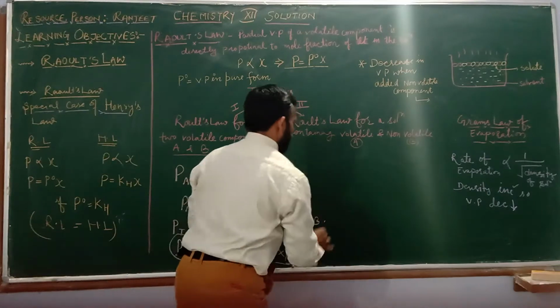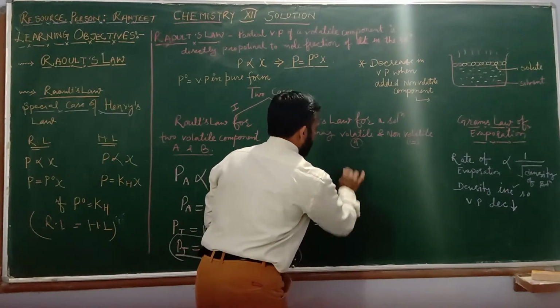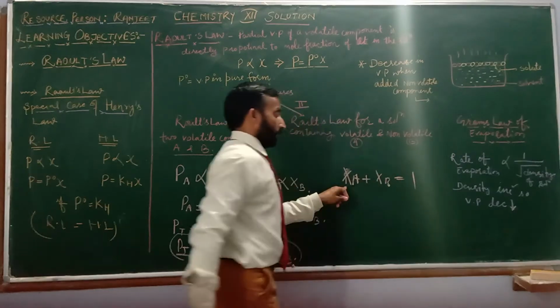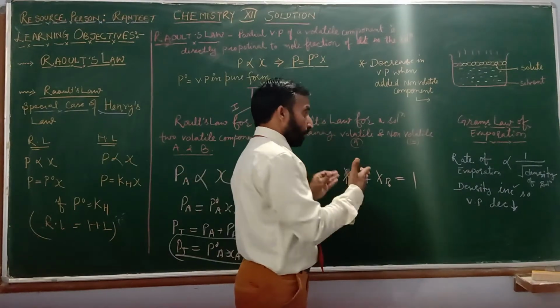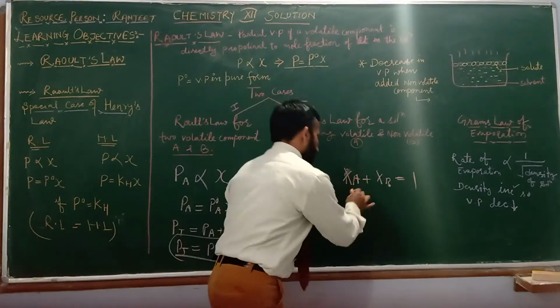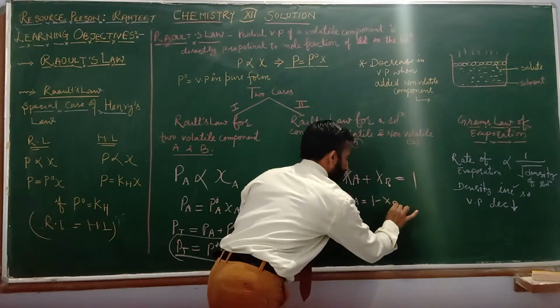And we know that XA plus XB is equal to 1. The total mole fraction of the solution is always the addition of all the components' mole fractions. I can write XA is equal to 1 minus XB.